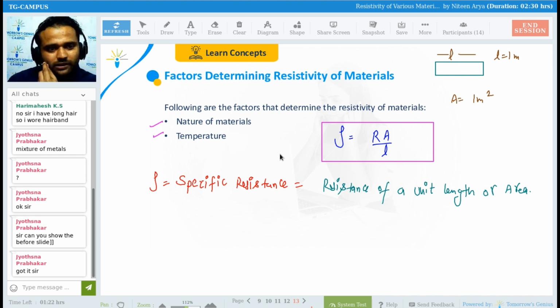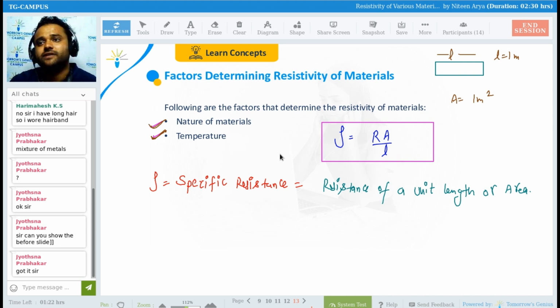The resistance of a unit length or unit area is known as specific resistance. There is going to be a question where we use this definition, and that is why resistivity is the nature of materials, more importantly, and temperature dependent. It depends on the nature of the material.